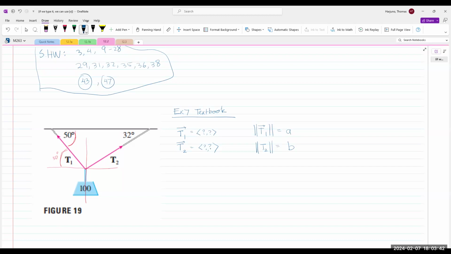So vector T1 must be the magnitude A multiplied by the cosine of 130 degrees. I use 130 degrees because the x component has to be negative, right? And the y component will be A sine 130 degrees.